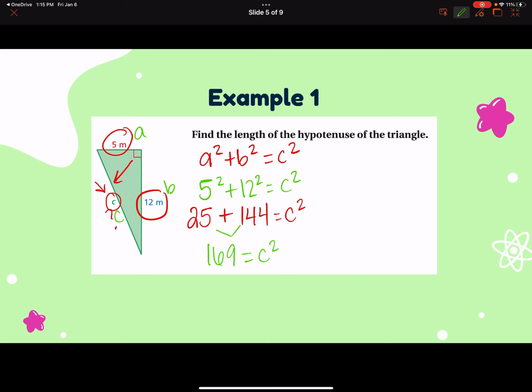But remember, I'm not looking for c squared, I'm looking for c. So this is cool, it's giving me what c squared is, but I need to know what c is. So what I need to get rid of is this little squared. So I'm going to do the opposite of squaring something, which is what we've talked about this week. I'm going to square root both sides of this equation.